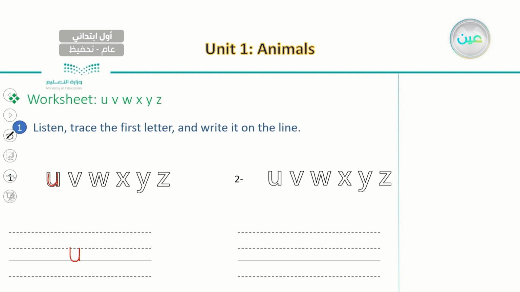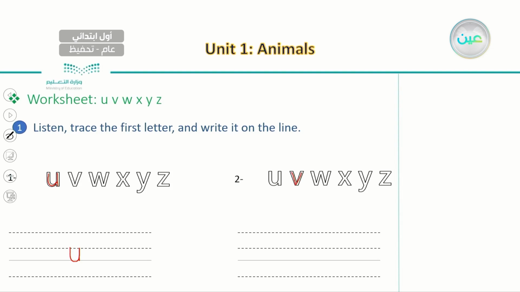Now let us move on to number 2. Let's listen to the letter with number 2, and once we listen, we need to trace it. The letter in number 2 is letter V. So here we listened to letter V, and what we have to do is trace it.